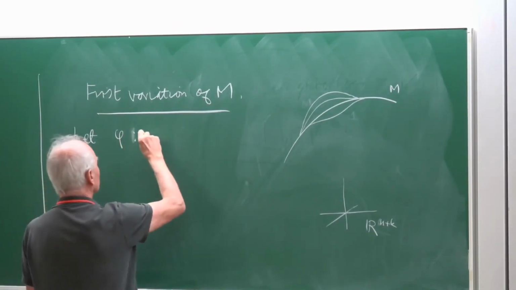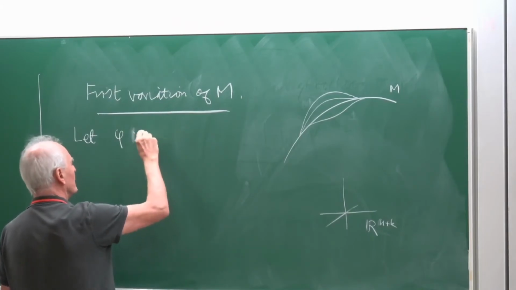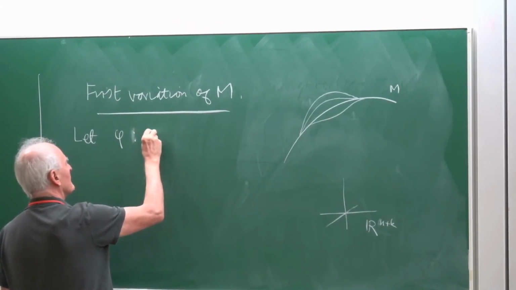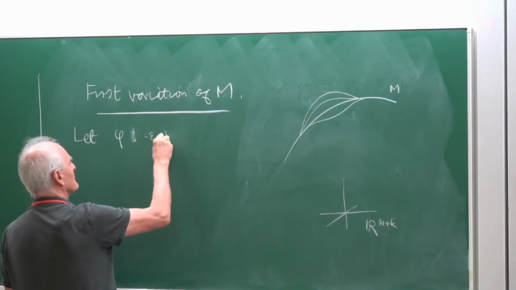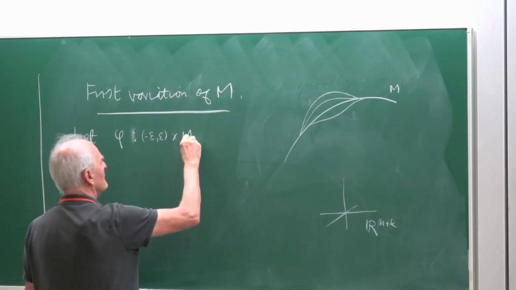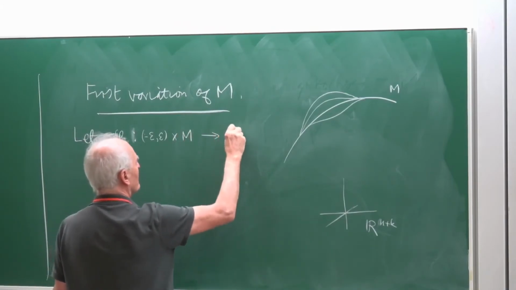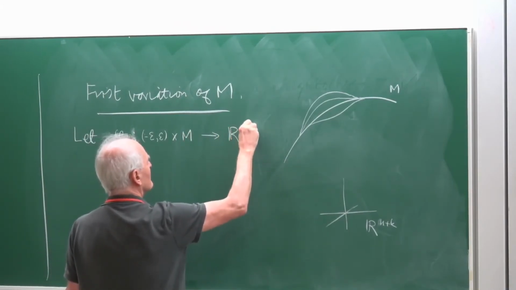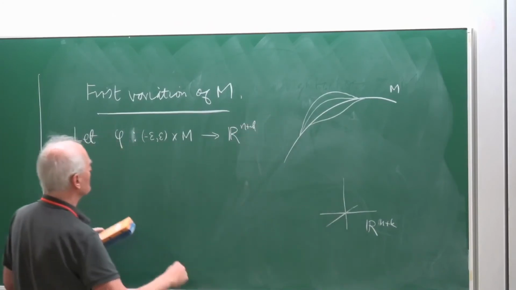So let φ be a map defined on the interval (-ε, ε), there's going to be two variables here, cross M, into R^(n+k). R^(n+k) is the ambient space here.